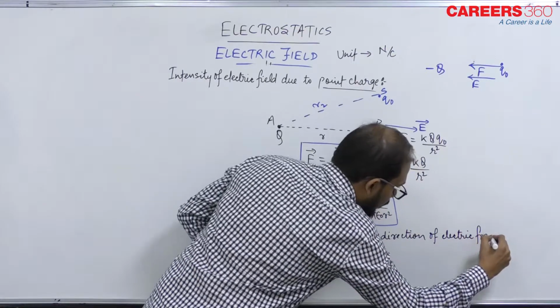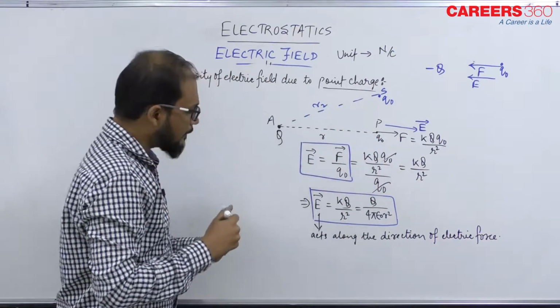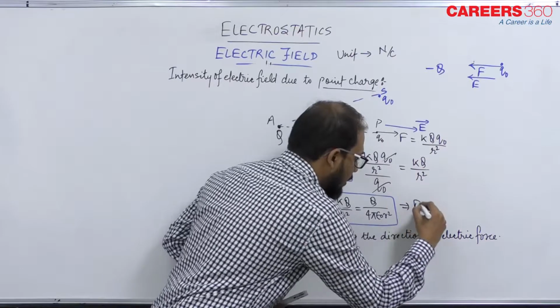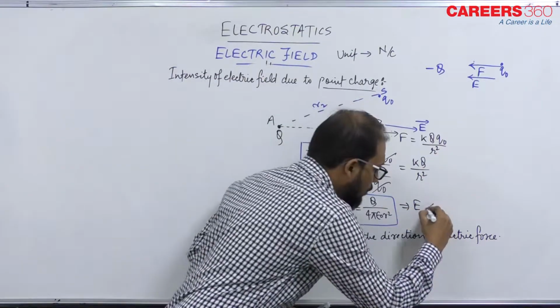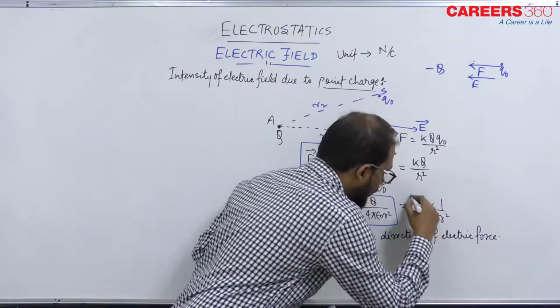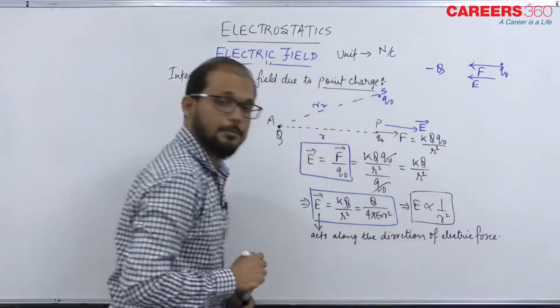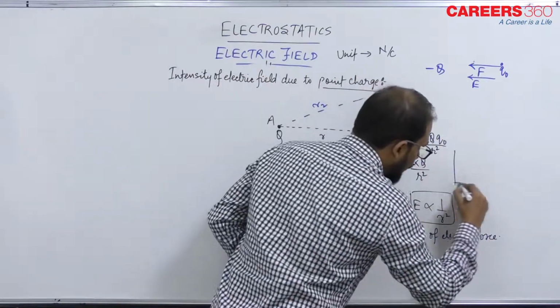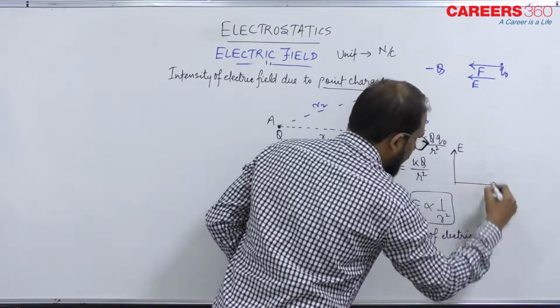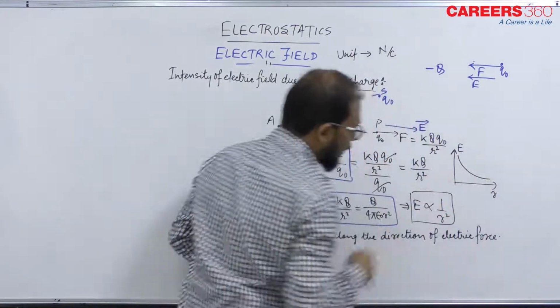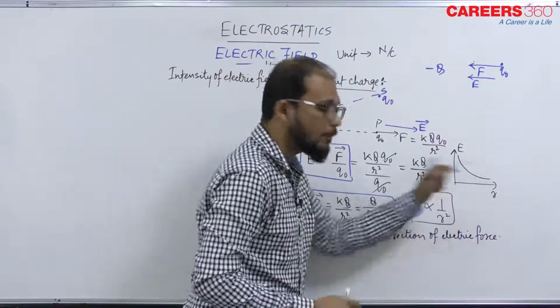And from here we can say that E is inversely proportional to the square of the distance between these two charges. And here if we draw the graph of E and R, it will be like this. As R tends to infinity, the value of electric field will be 0.